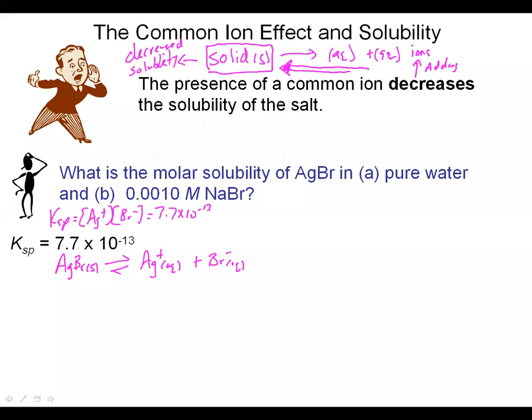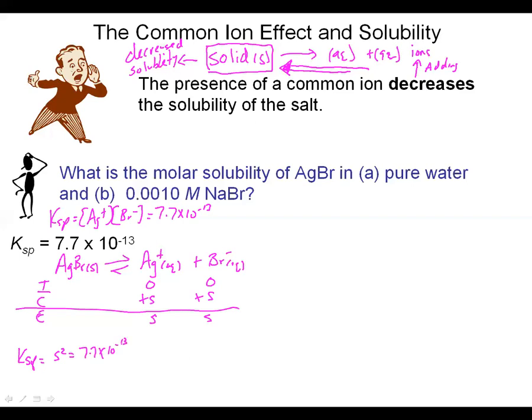Again, this is a case where we're just given the KSP value, so we should do an ICE table. That's going to be 0 and 0. It's going to be plus S and plus S, which means at equilibrium, we have S and S. We put that into our KSP expression, and that should give us S squared equals 7.7 times 10 to the minus 13.